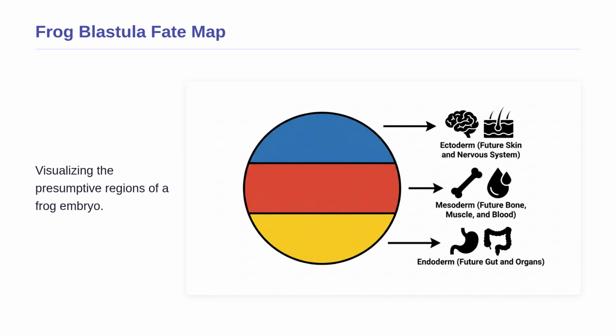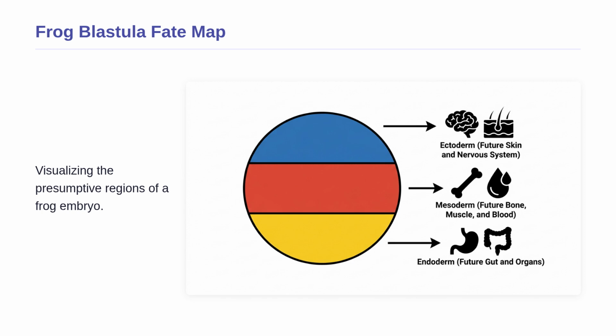Having discussed how we tag cells, let us look at a classic visual example of a fate map. What you are seeing here is a diagram of a frog blastula, which is an early stage of the embryo. Notice how the sphere is divided into 3 distinct colored regions. The blue region at the top represents the ectoderm, which is destined to become the skin and the nervous system, including the brain.